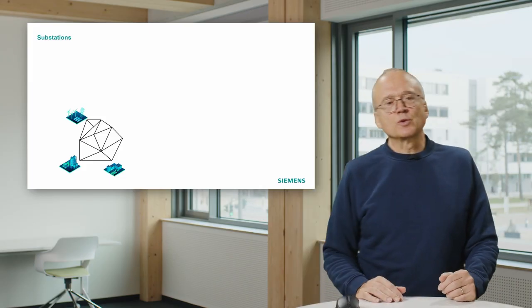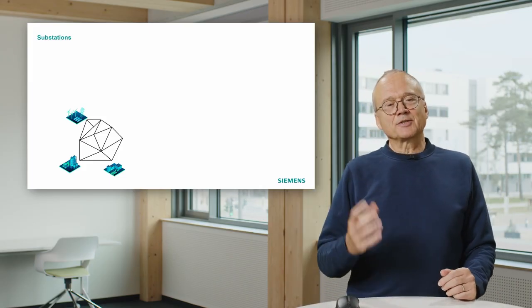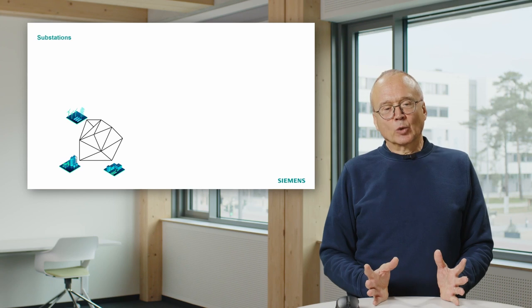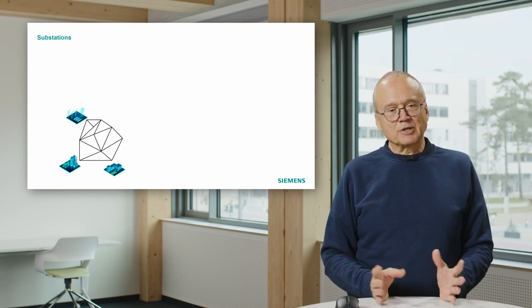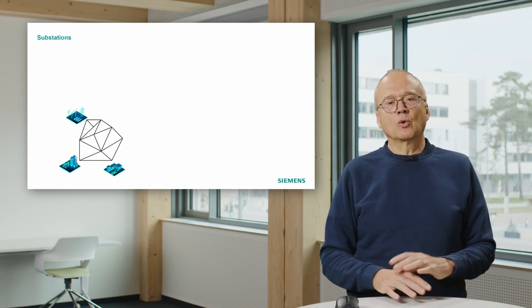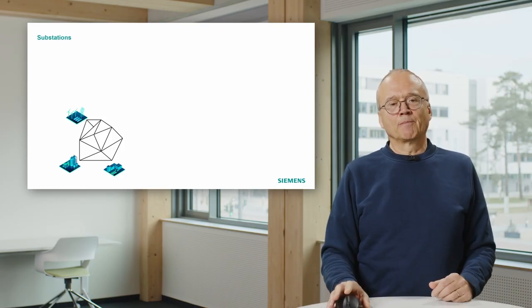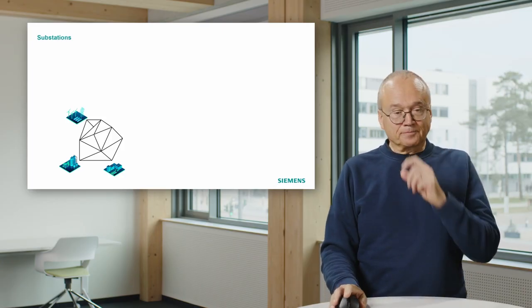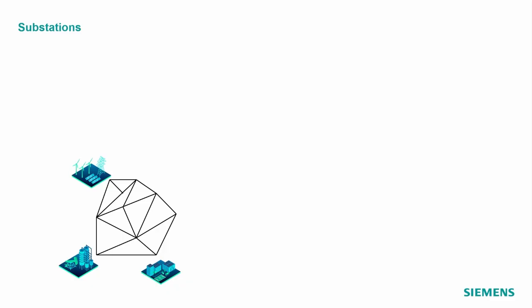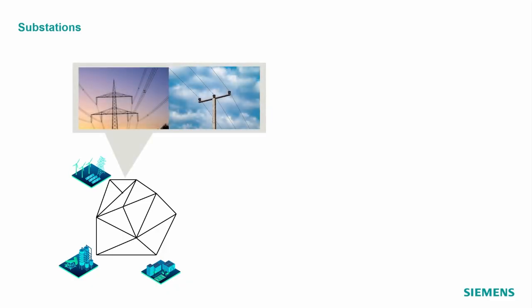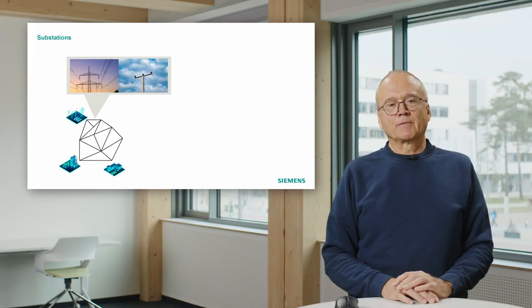This picture shows, just in a symbolic way, a transmission grid, which connects the power stations with the cities and industry and so on. And these lines you see there are in reality, of course, bigger things that are not single lines.